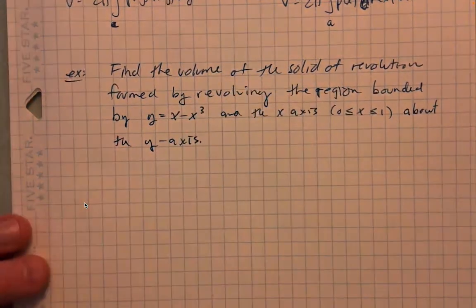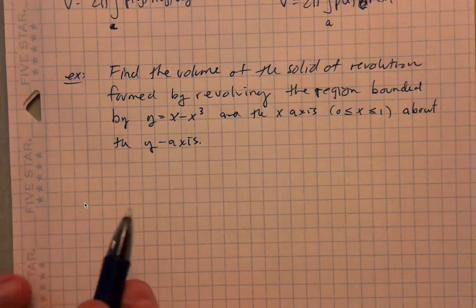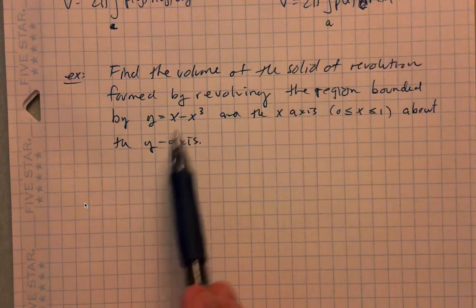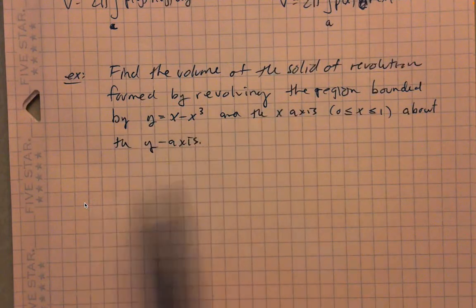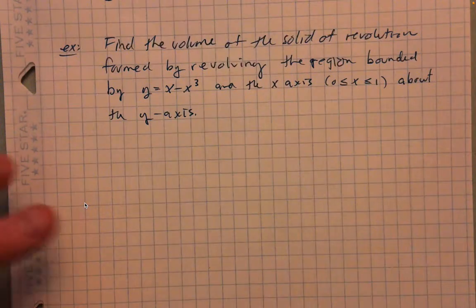So we've got this function, and it and the x-axis are going to define a region, and we're going to spin that region around the y-axis. We just want to know the volume of the resulting solid of revolution.